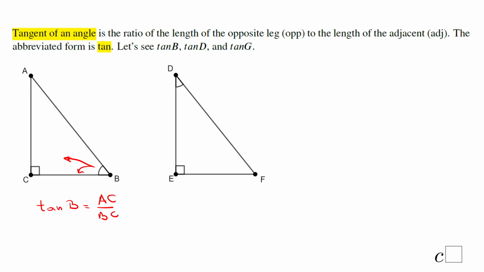What about the angle D? Tangent of D is the opposite leg, EF, over the adjacent leg, DE.